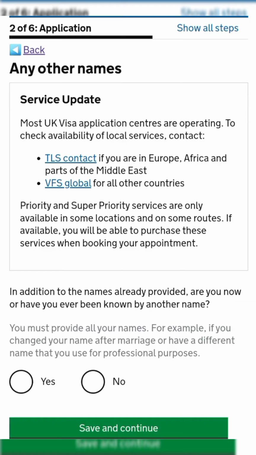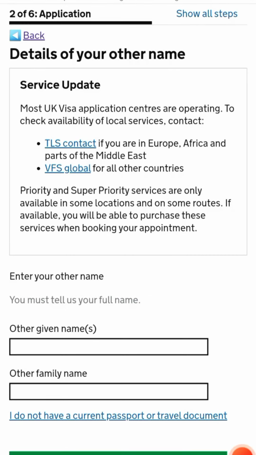You answer yes, and it will take you to the next field where you're able to put the names in. So this is the field it brings you to when you say yes. You can see that it gives you the opportunity to put in the names that you're talking about. So it asks you details of your other given name or names, and your other family name. So for people who have done a name change, you can put in the other name in here, okay?